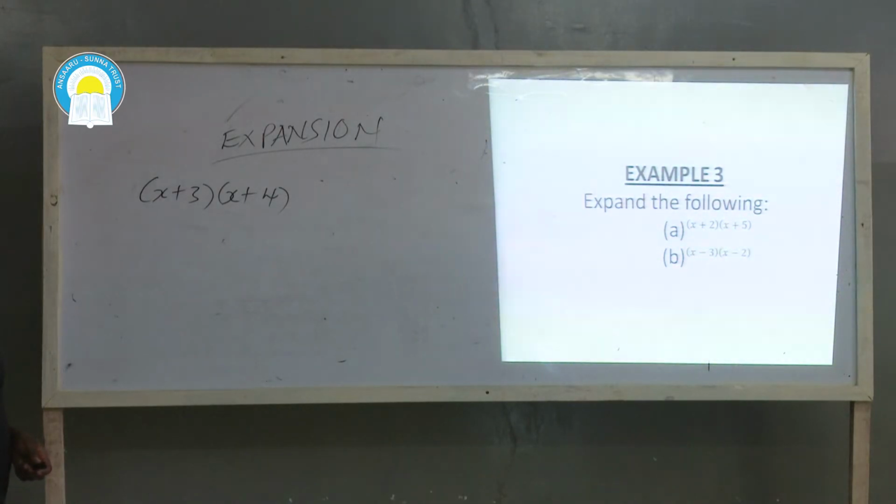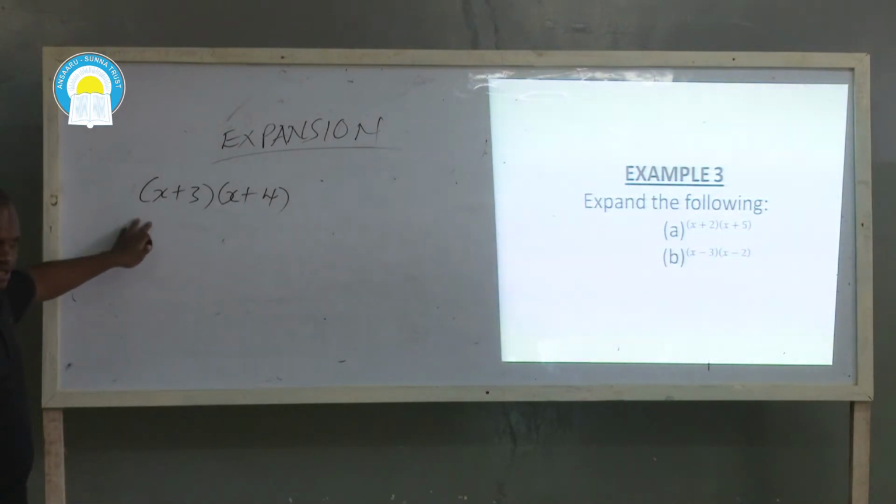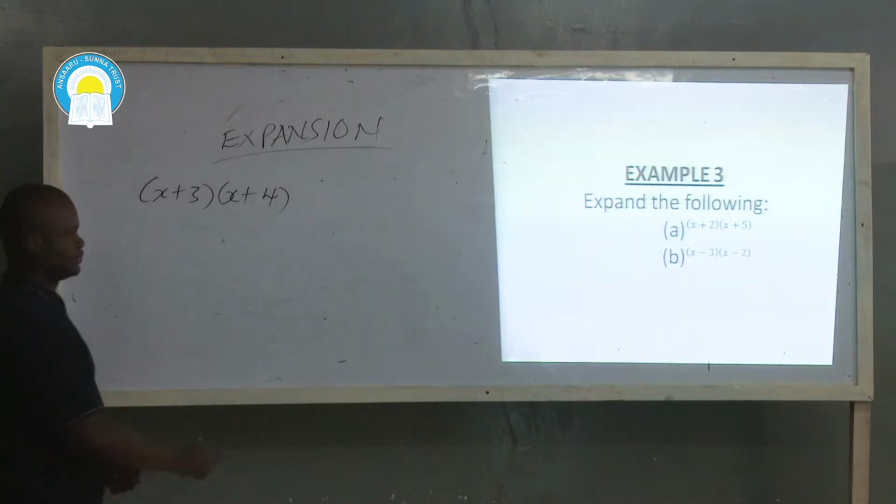How do you deal with that? We shall use the previous idea. I'll do an example at this point, and then we'll see how we can apply that to this.